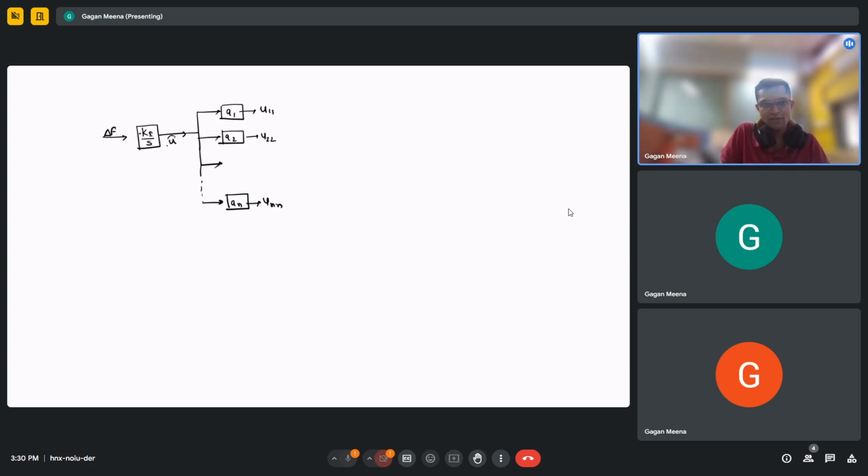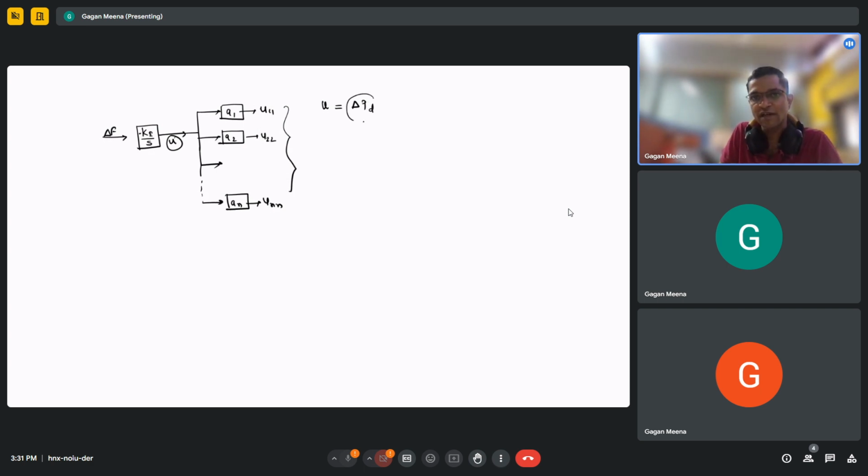So how will this U be divided among these? We have already seen that in steady state U is equal to delta Pg, U is equal to delta Pd. The amount of load which is changing, the generation also needs to be changed.